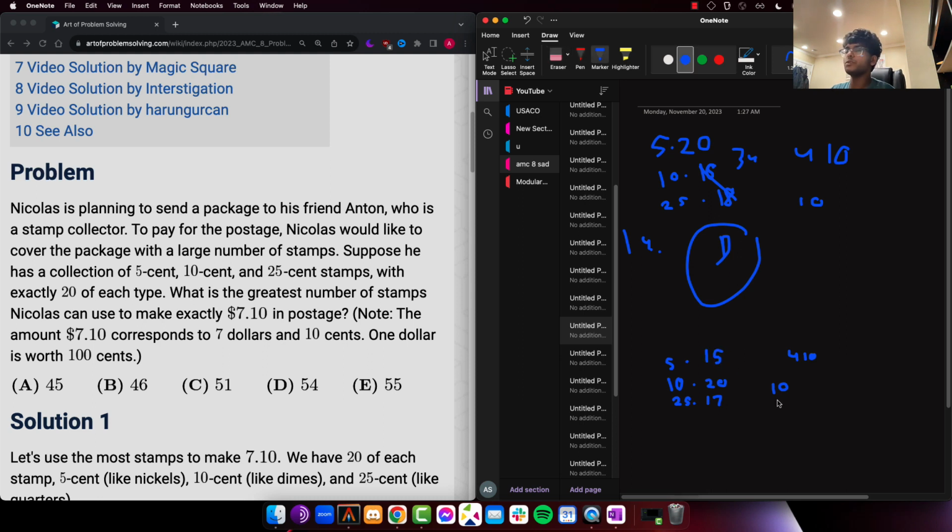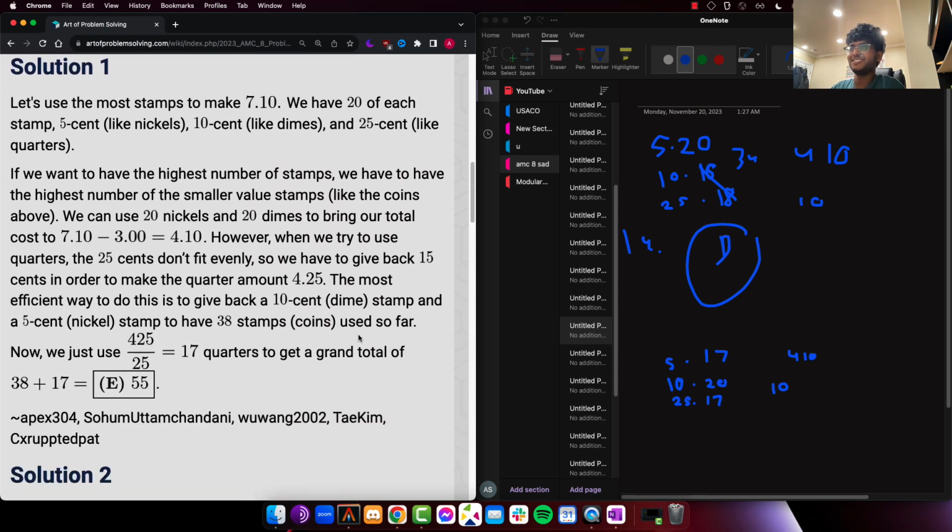And now once I have those 5 extra spaces, then what I do is I make this 17. Wait, I'm still getting 54, am I not? Okay, I'm doing something really stupid here. They use 17 quarters, yes. And they used how many?